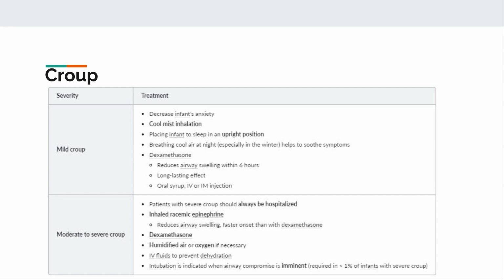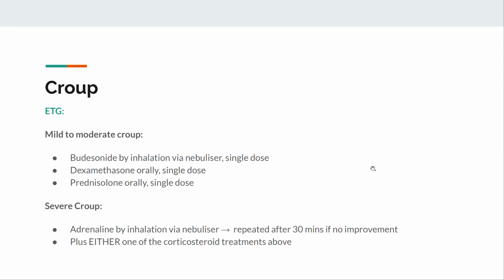Yes, the treatment involves steroids, which is common to asthma because they're both inflammatory processes, but the difference is the nebulized adrenaline, which has nothing to do with the beta-2 receptors in the lung. It's all about the alpha-1 constriction of blood flow into the mucosal tissue of that swollen upper airway. And this is just a slide summarizing that. So steroids, adrenaline.